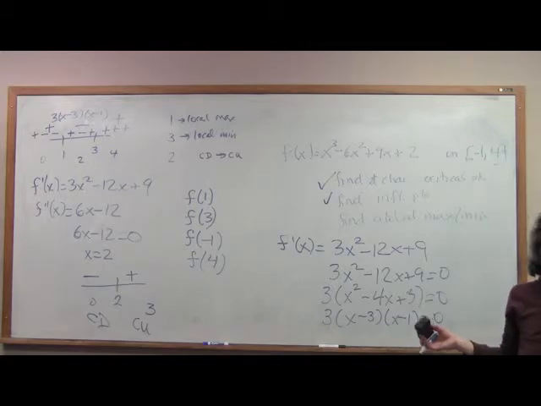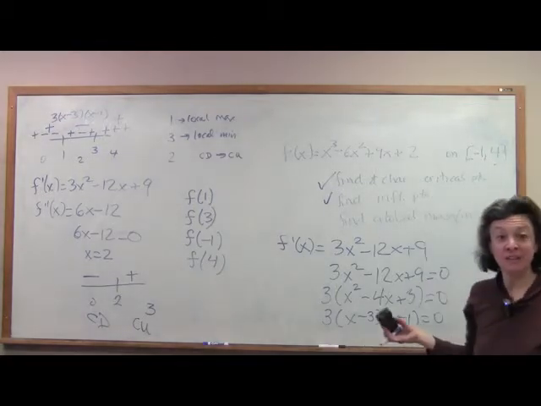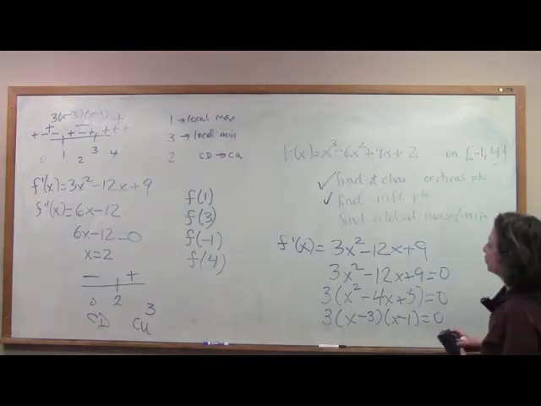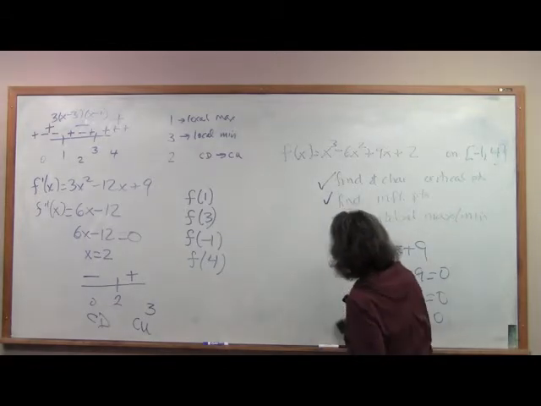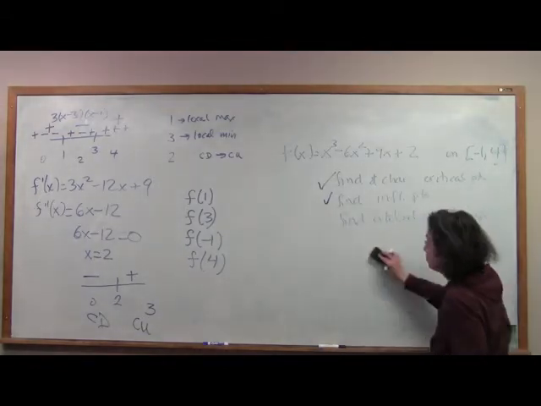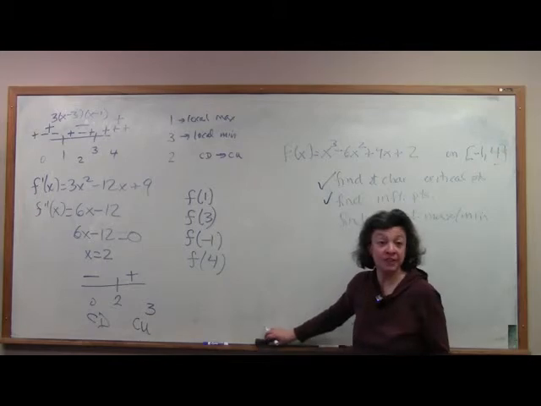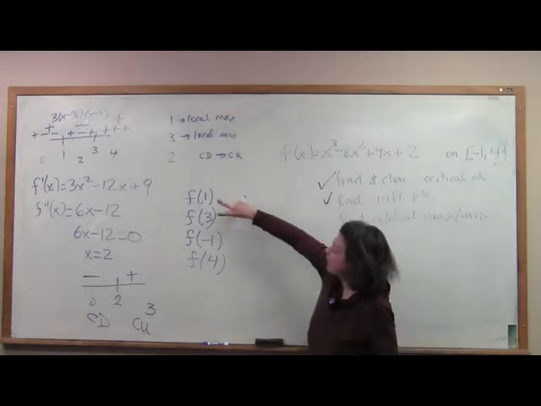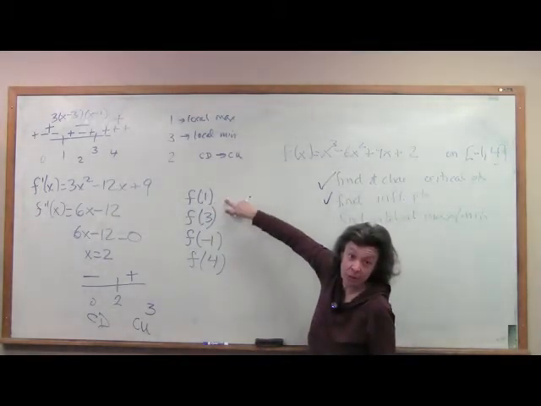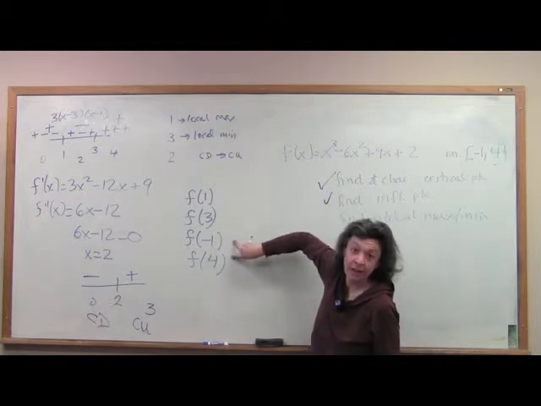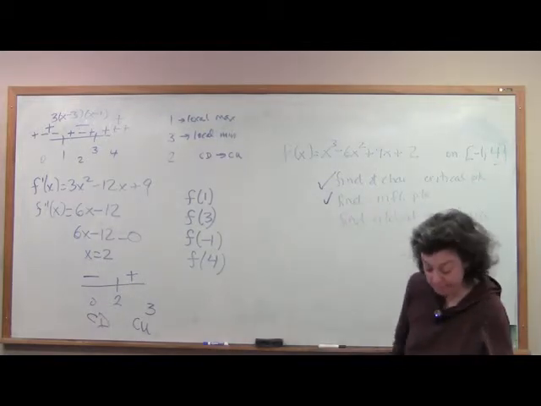Well, isn't that just determined by finding our function values? Sure is. So what I'm going to do is find my function values at each of these 4 points. Again, our candidates for our global max and min are our critical points and our endpoints. Okay?